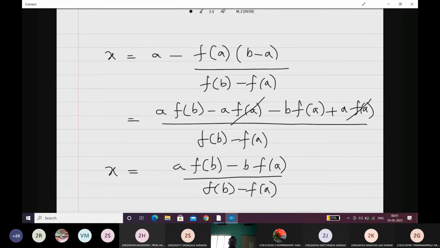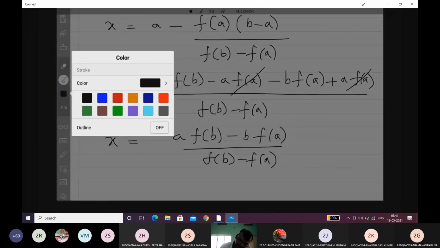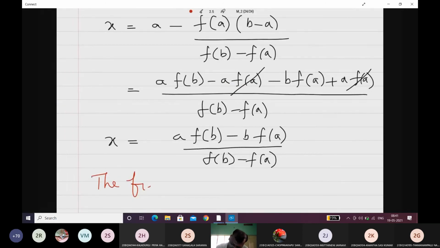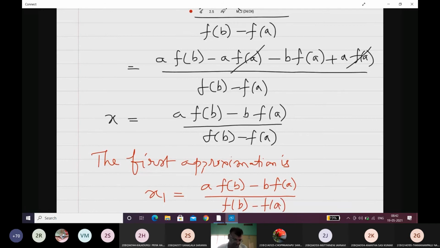This is the first approximation, so x1 is equal to a into f of b minus b into f of a by f of b minus f of a.